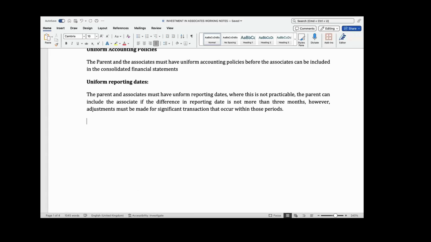Now, let's concentrate on why we are here, which is the separate financial statement of the parent. How will the parent account for investment in the associates?